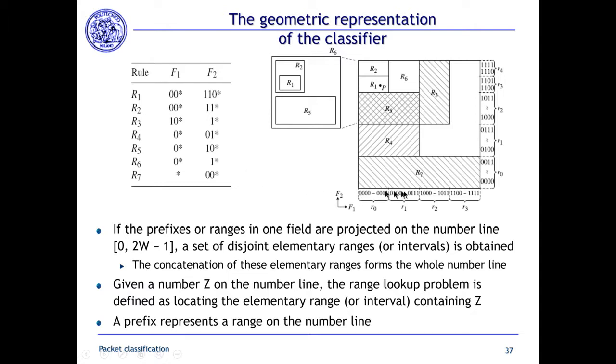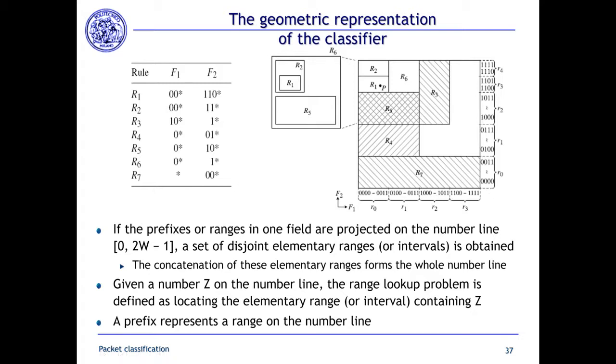Here you see the two axes, which correspond to field 1 and field 2, and in the two axes, we consider numbers with 4 bits. So we have all the numbers from 0000 to 1111, and the same in the other axis.